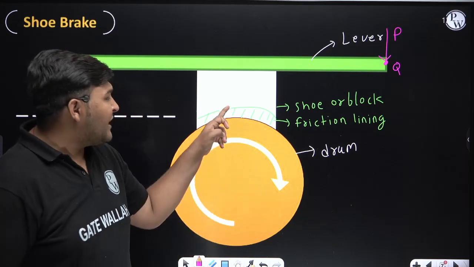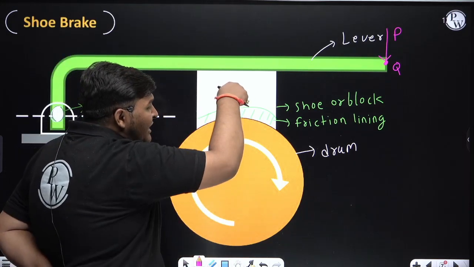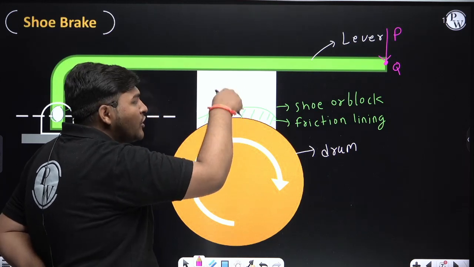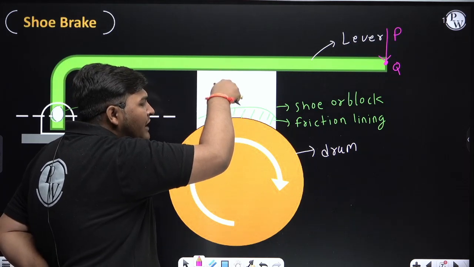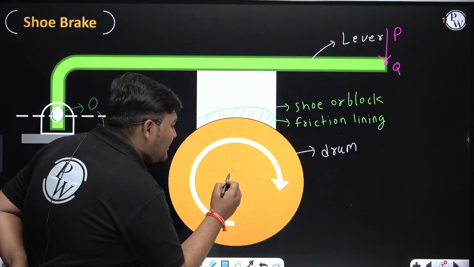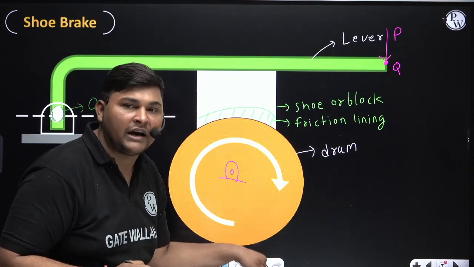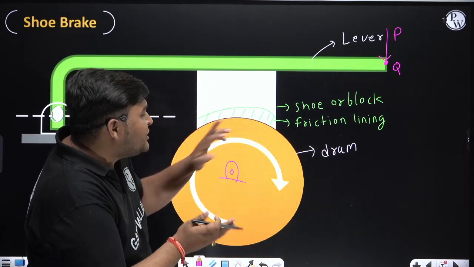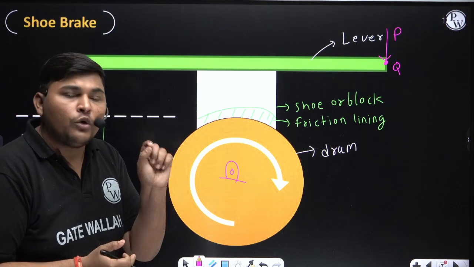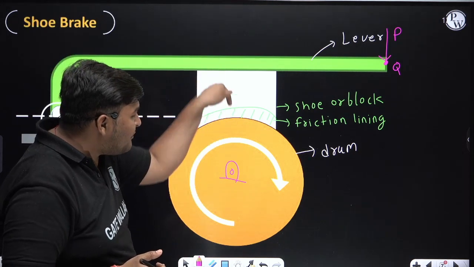To get pressure between this shoe and this drum, this shoe should try to come in the downward direction, because whenever this shoe tries to come downward, it will try to push the drum downward. But since the drum is hinged at this location, the drum will not move downward, and pressure will be created between shoe and drum.